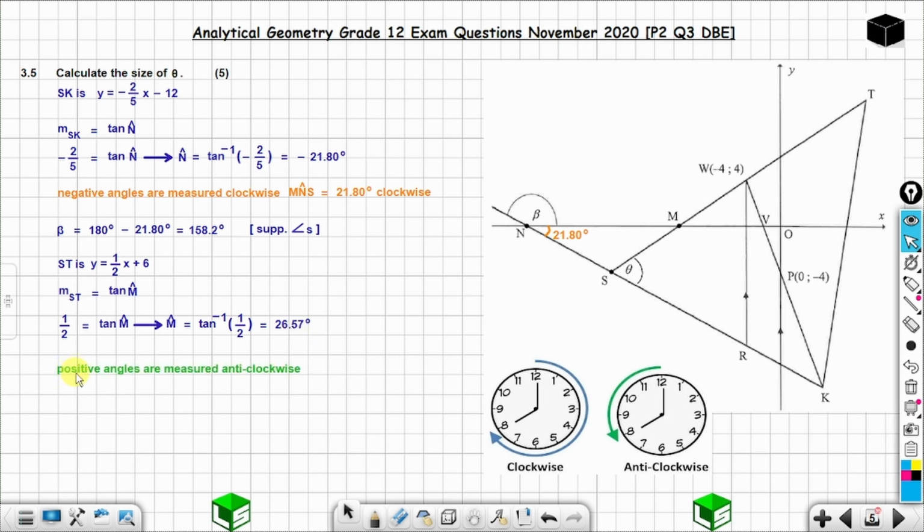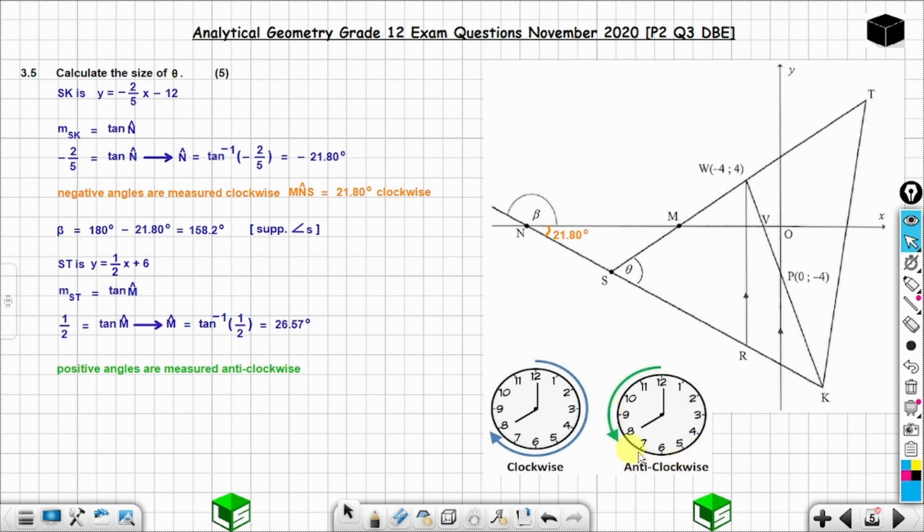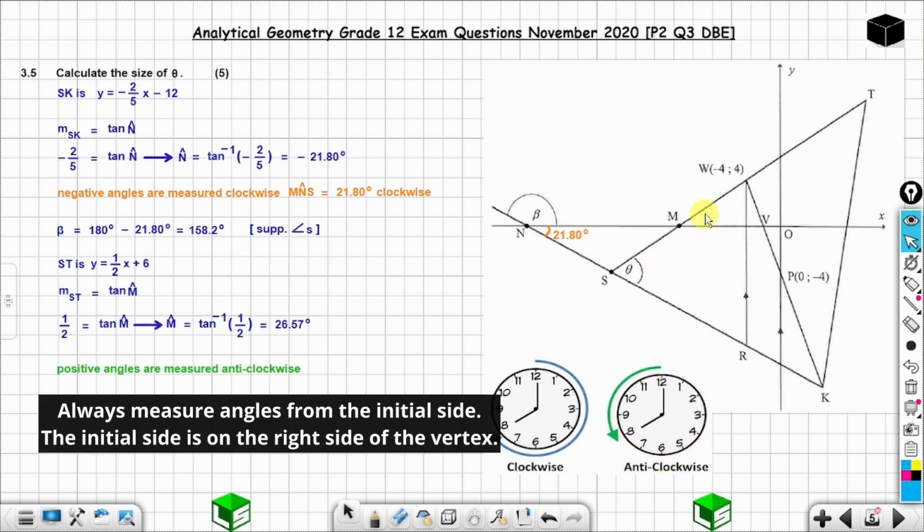Positive angles are measured anti-clockwise. Remember that: negative angles are measured clockwise, positive angles are measured anti-clockwise. So at M, anti-clockwise, you're going to do this.